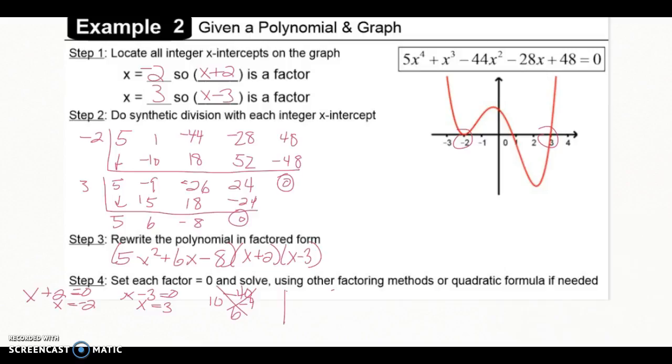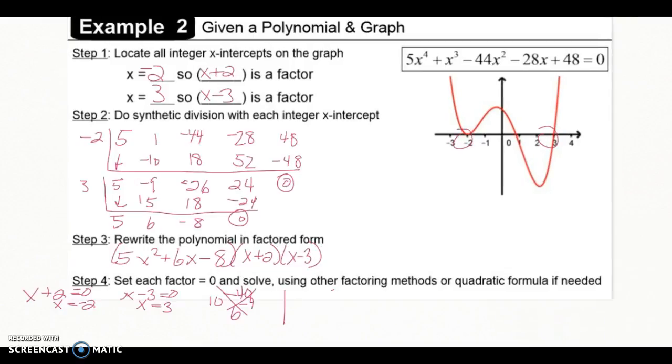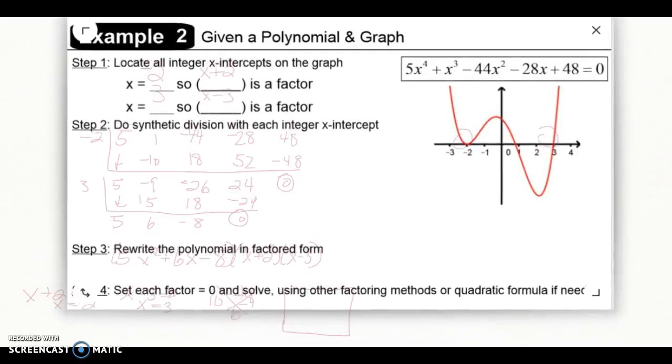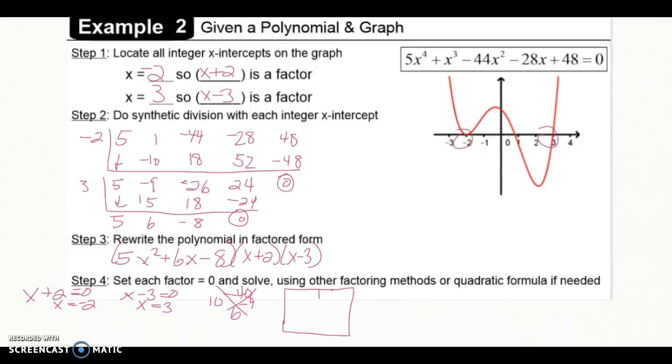I'll show it by the box method, which I used in class. I don't particularly like this method, but it's approachable by many students. So we'll go here, 5x squared, -8. Let me write these two numbers in here, our 10 and our -4.